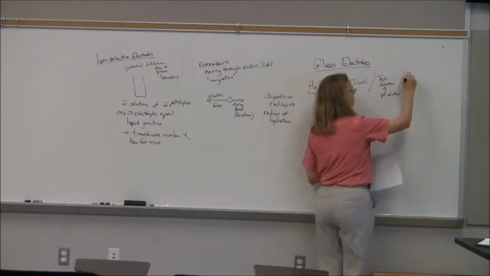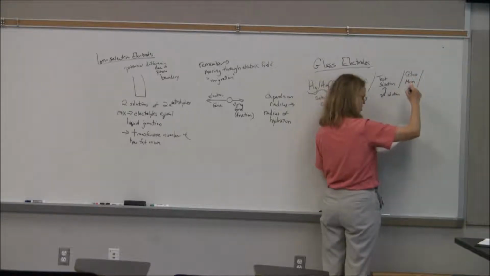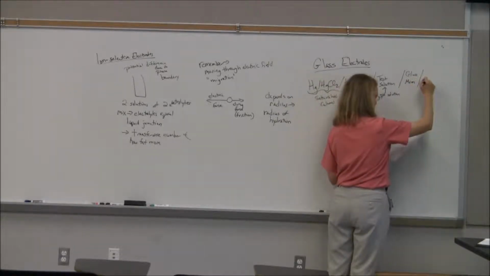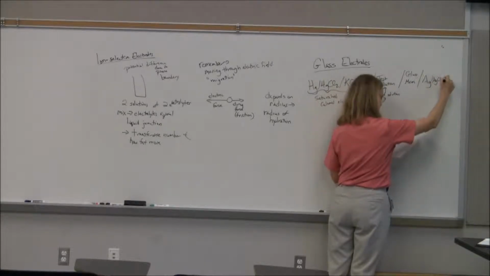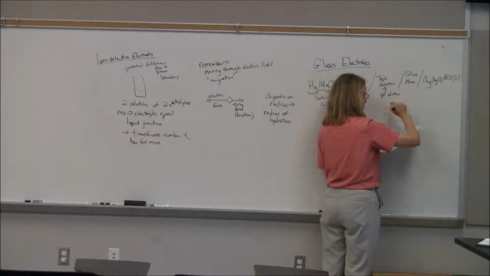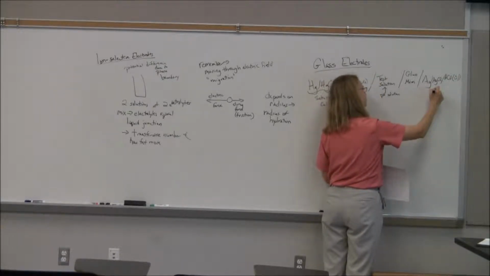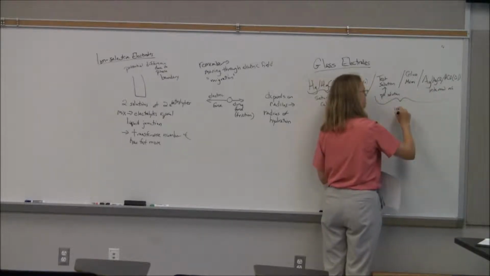And then that's in boundary with a glass membrane, and on the other side of that, you usually have some sort of silver chloride internal reference. So this is all inside your pH meter.